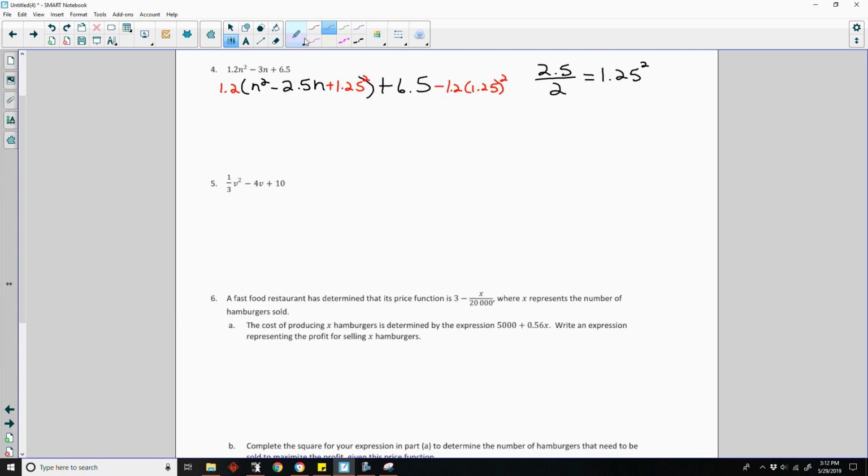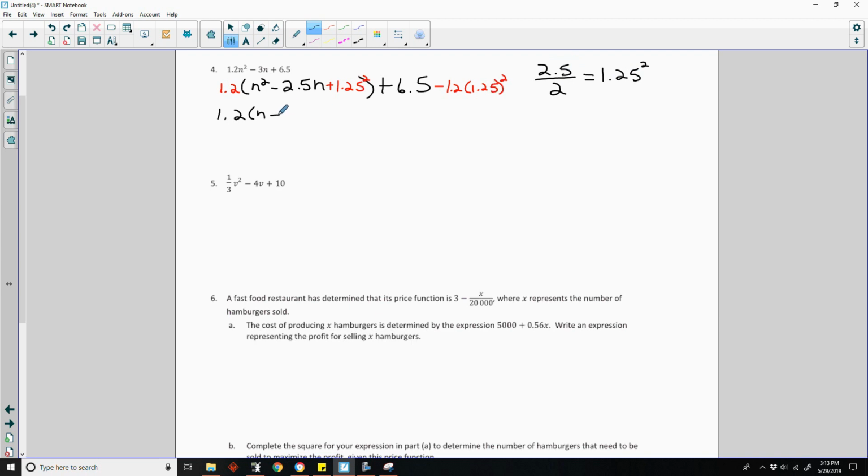Okay, so then I'm going to finish this. 1.2 parentheses n minus my b, which is 1.25, or my 2.5 divided by 2, which is 1.25.